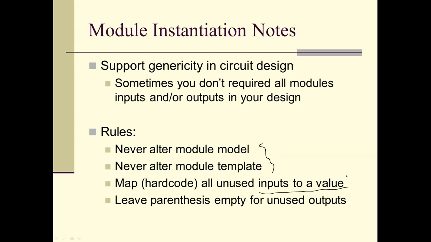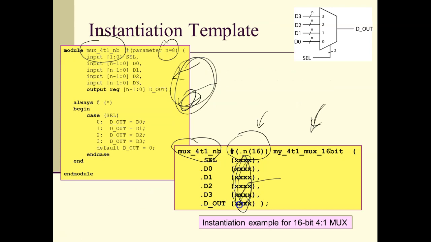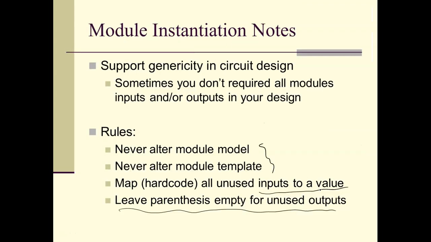So you turn the clear off, etc. Also, on the outputs, you leave the associated parentheses blank, which is these parentheses right here. So if I wasn't using the output, I would just leave blank parentheses like that. But never, like I said, never chop the data out of your circuit or the unused stuff out of your instantiation template.